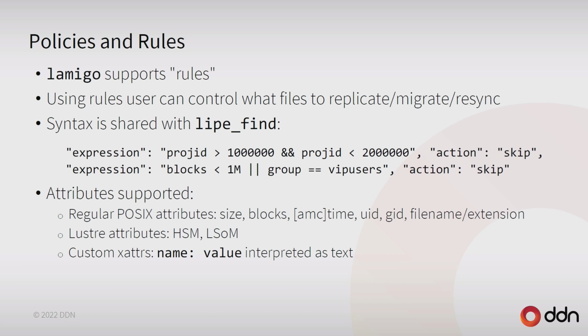And you can define filters on a number of attributes, of course POSIX attributes like file size, timestamps, owners, file names, extensions, also extended attributes like HSM and LSOM, so internal Lustre attributes, and any regular extended attribute in the name value format.